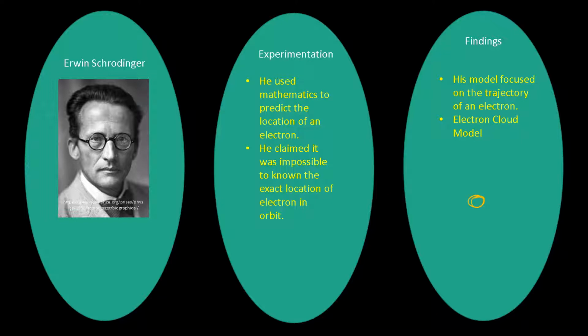So what it looks like is a dense proton-filled nucleus in the middle, and all the way around it we have a cloud, and this cloud is filled with the possibility of where an electron could be found. And you'll notice that closer to the center, the cloud is darker.